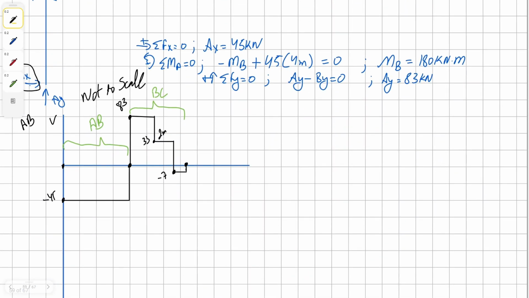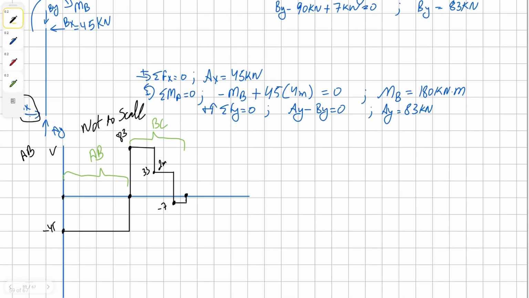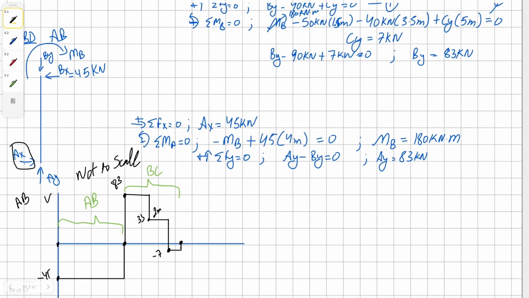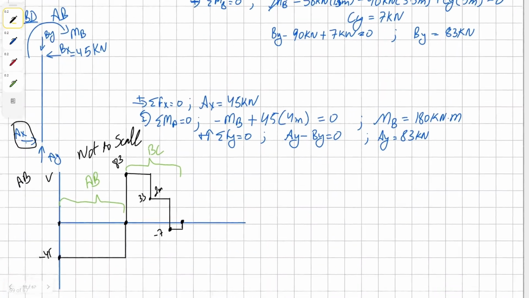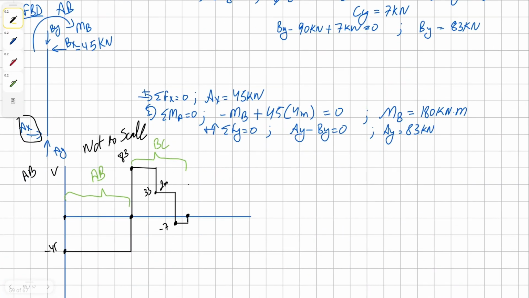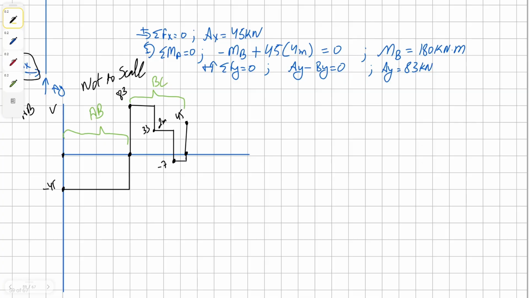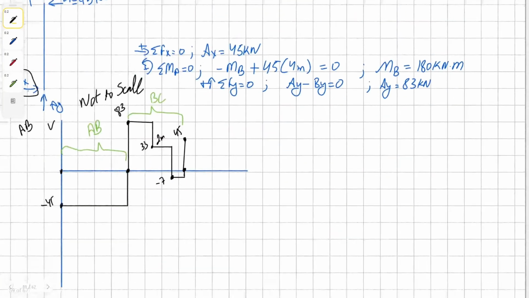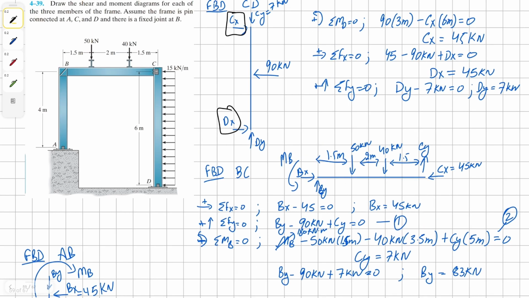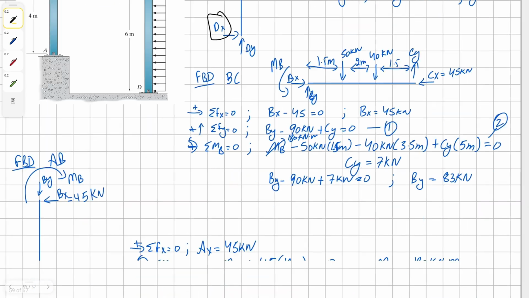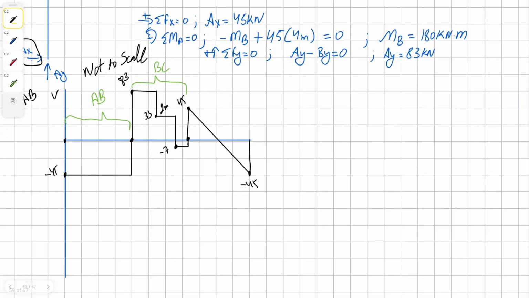So earlier we took a 7 kilonewton bump, but that was our CY, and now CX is pushing us up to 45 kilonewton. And from there, because it's a distributed load, it's going to push us up again, and DX was 45 kilonewton, and that comes down to 0.